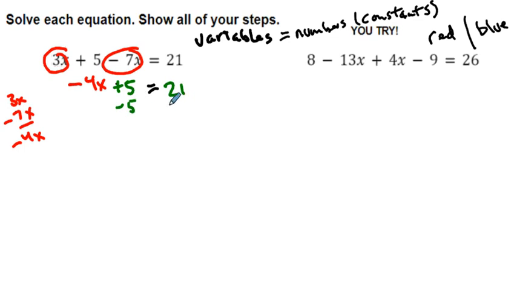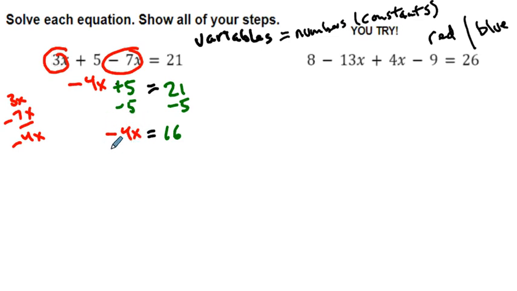I'm going to subtract 5 from both sides, and that is going to give me negative 4x equals 16, because 21 minus 5 is 16. 21 plus negative 5 is 16. Different ways to think about it. So now we're going to do what we've done all along: when you want to get x by itself, you divide by whatever is being multiplied by it.